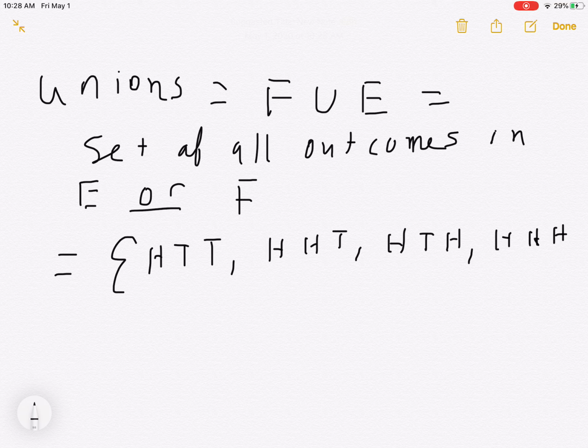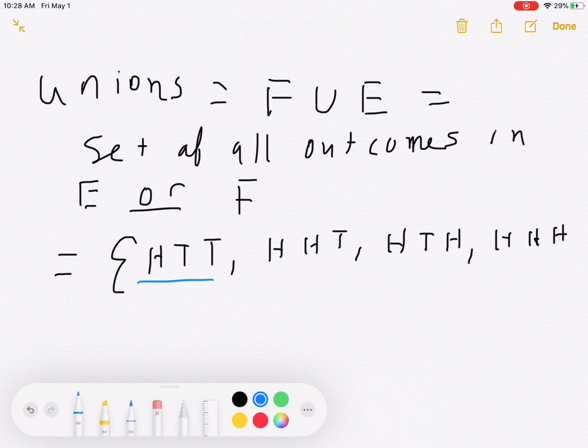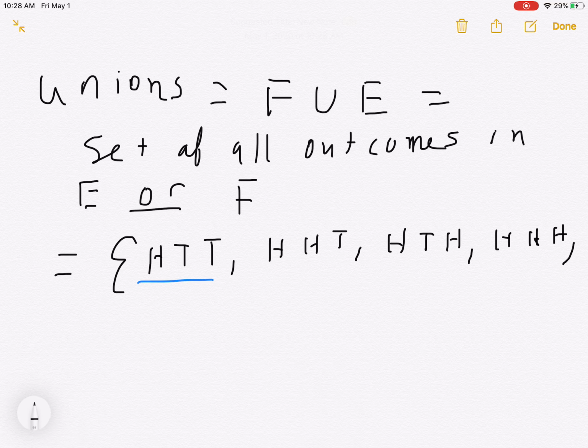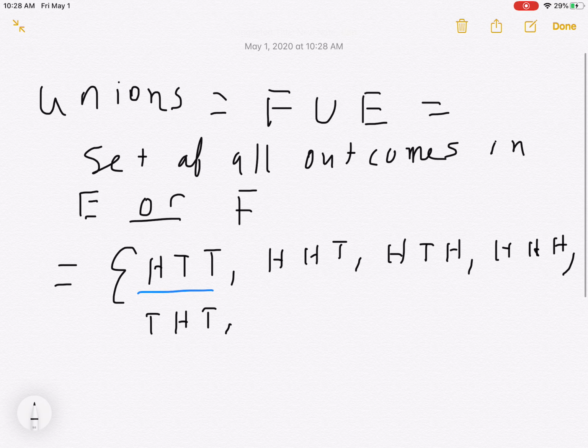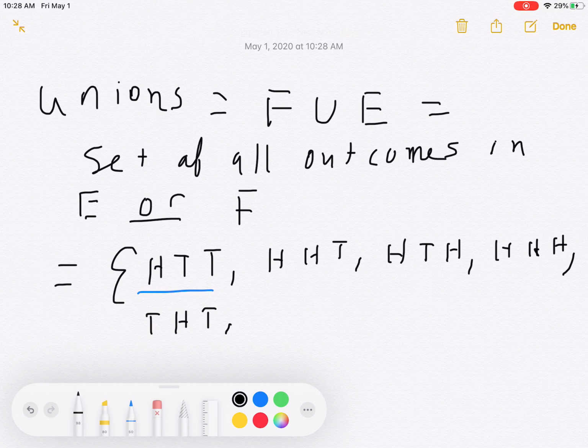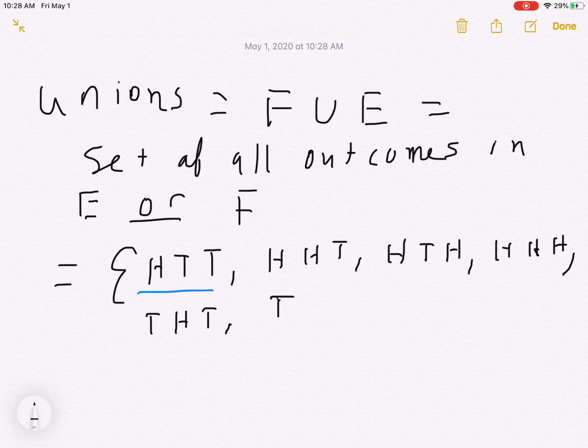So I just wrote down every outcome in F. I don't count this event again because it's already counted in F, so I don't count it in E again. Instead, I'm going to start listing off elements in E. So that's exactly one heads: tails, heads, tails, because it can be in F or E, so I'm listing off the things in E. Then it can be tails, tails, heads.